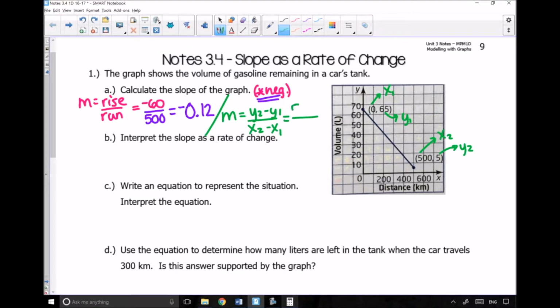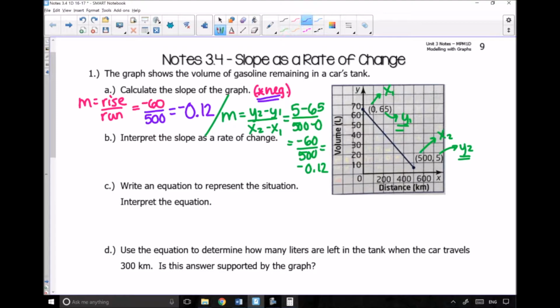I end up getting 5 minus 65, because y2 is 5 and y1 is 65, over x2 minus x1, which is 500 minus 0. So what does this end up giving me? I end up getting negative 60 over 500, which is exactly the same problem that I get here. I get negative 0.12.